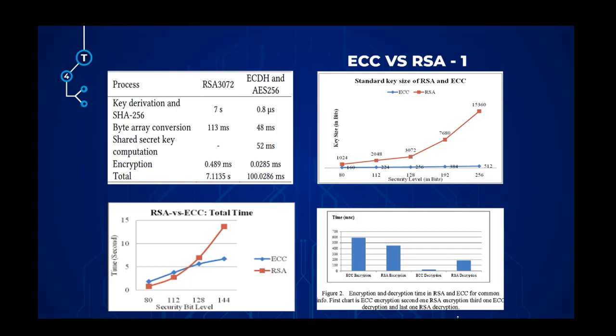And as you can see, ECDH is faster than RSA. The second, third, and fourth figures represent how much faster RSA keys increase in size compared to ECC, having the same level of security, which explains why ECC uses less computational time to process these keys.